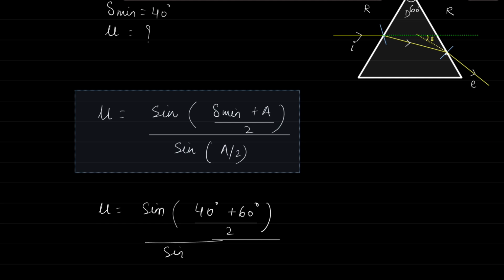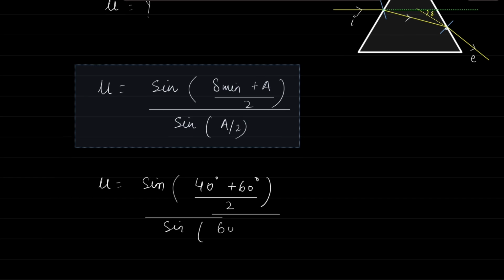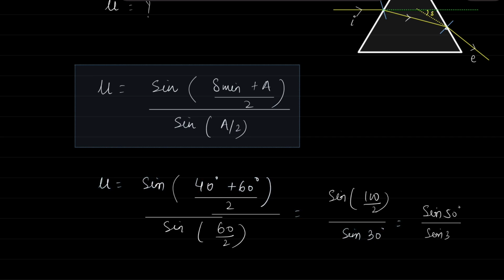sine A by 2. So here it is 60 upon 2. So we can write it as sine 100 by 2 divided by sine 30 degree, or sine 50 degree divided by sine 30 degree.